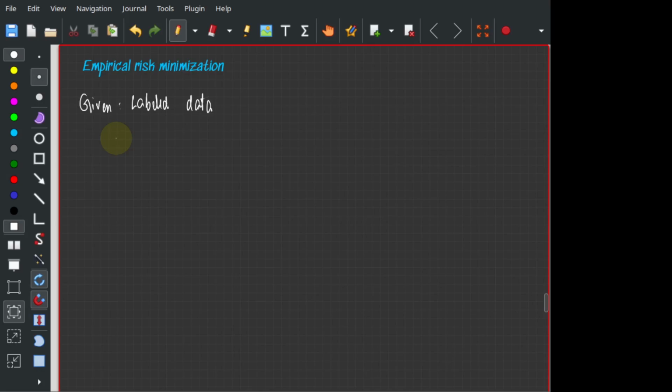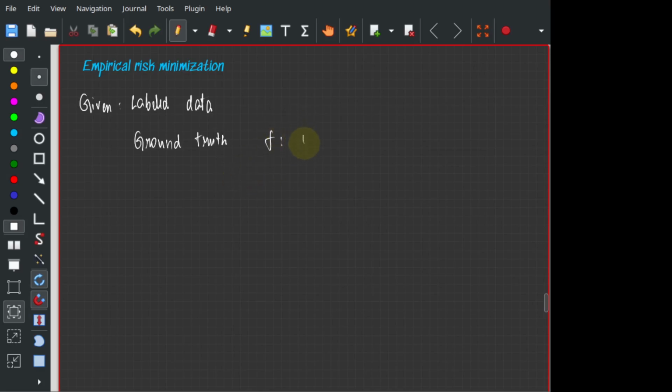One way we go about this is we assume that there is a ground truth. And how do you model the ground truth? We'll assume that the ground truth is some function which takes as input an image and outputs whether there is a cat or no cat, 0 or 1.